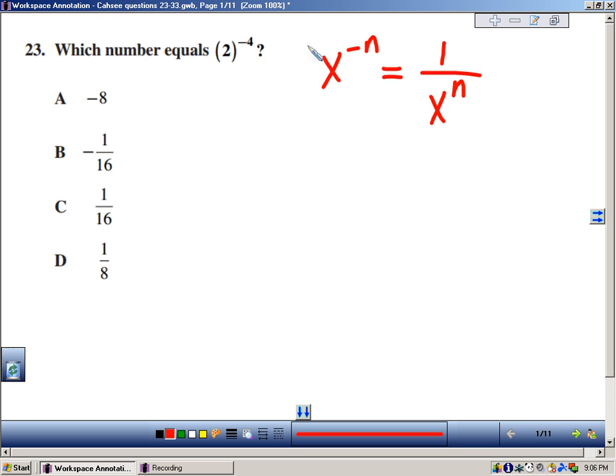So by taking the power and taking its reciprocal, let me write that word down, reciprocal, by taking the reciprocal of the power, the exponent becomes positive. So the negative sign is eliminated. Reciprocal means to flip your power. And so let's do that.